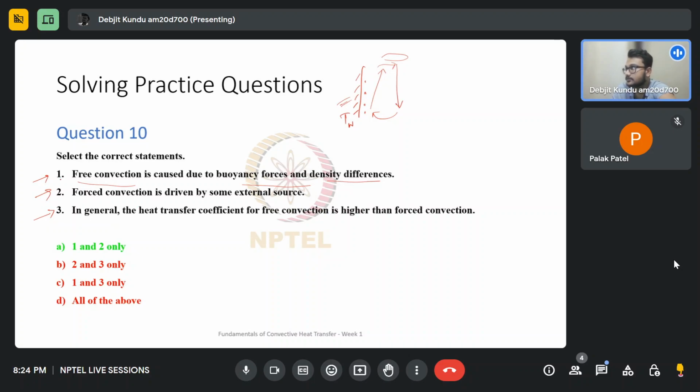Statement 2, so this is correct. Statement 2 says forced convection is driven by some external source, like there would be a pump or something that is driving a flow, and as a result causing heat transfer by convection. So that is known as forced convection.